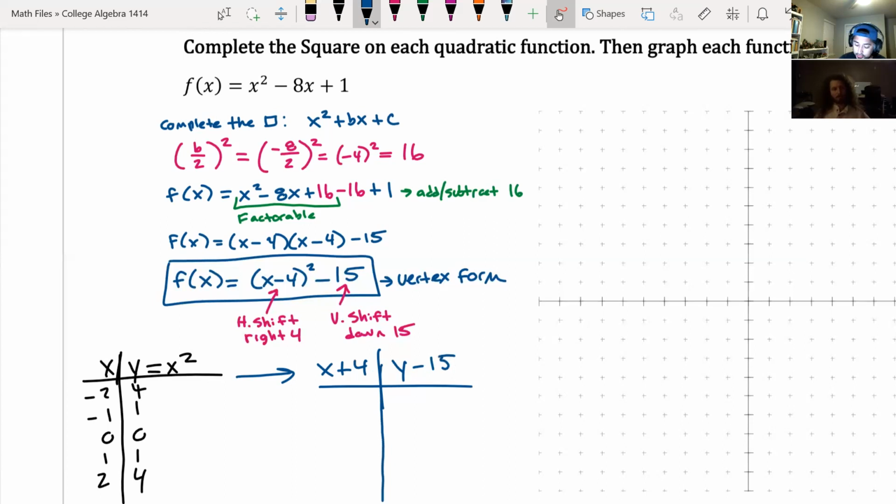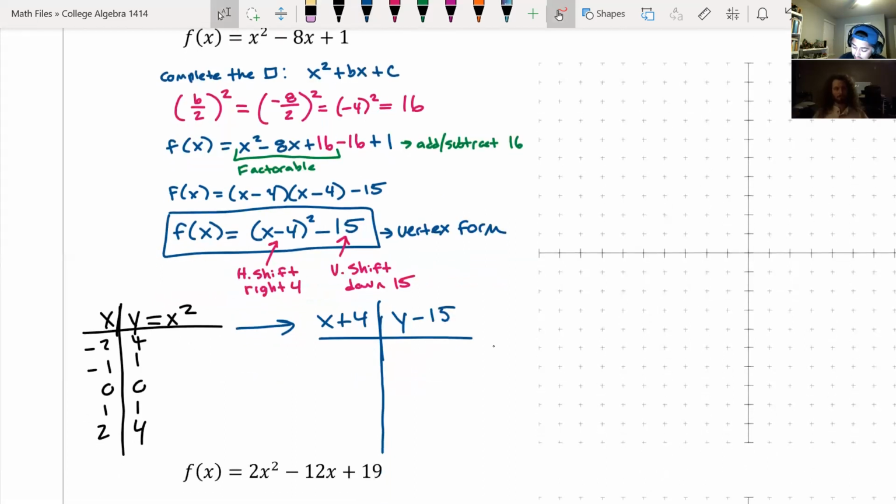I'm going to add 4 to all those x values on the left, and I'll get 2, 3, 4, 5, 6. And then I'm going to subtract 15. 4 minus 15, what's that? Negative 11. And then 1 minus 15, negative 14. And then minus 15, and then it should go back to minus 14, minus 11.